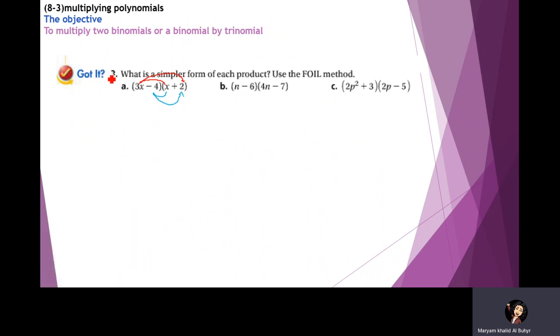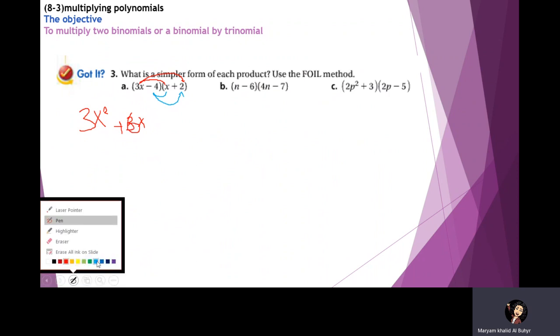The first one, 3x times x, will be 3x to the power 2. Then 3x times 2 is 6x.